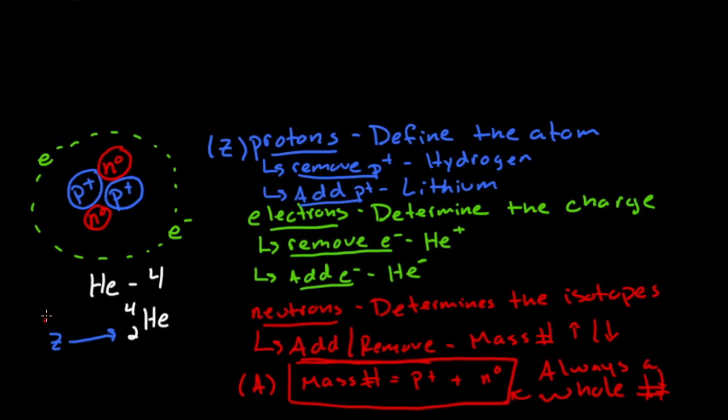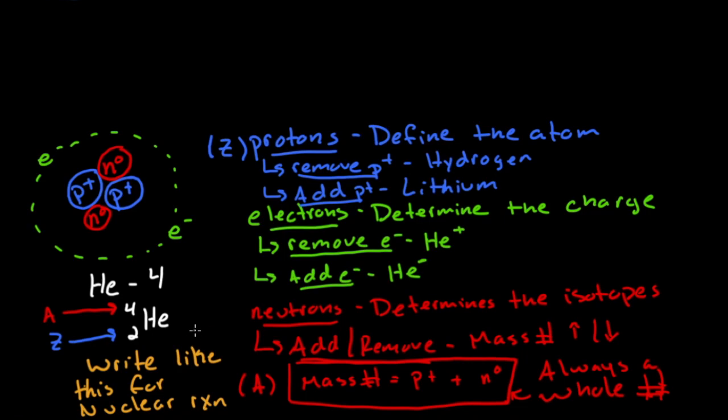And a lot of times you'll see it written like this whenever you want to describe a nuclear reaction, where maybe the number of protons or the mass number might change. You'll see it oftentimes like this for nuclear reactions.